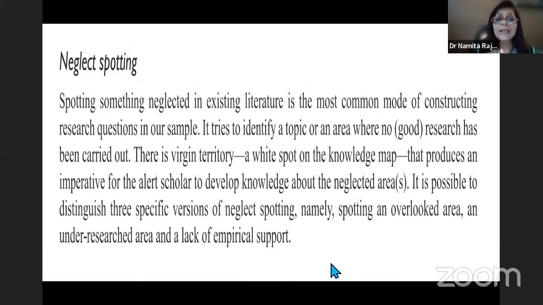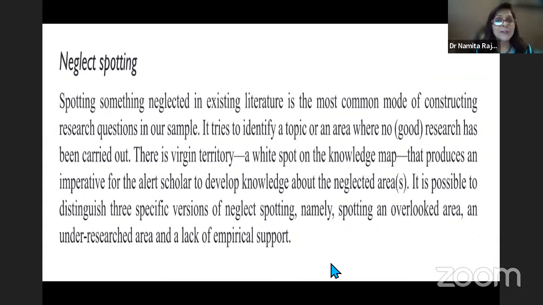The second is your neglect spotting. So when you talk about neglect spotting, spotting something neglected in the existing literature is a common mode of constructing the research question, right? It tries to identify a topic or an area where no good research has been carried out. So when you are able to spot something which no one has done before, that's a bullseye.